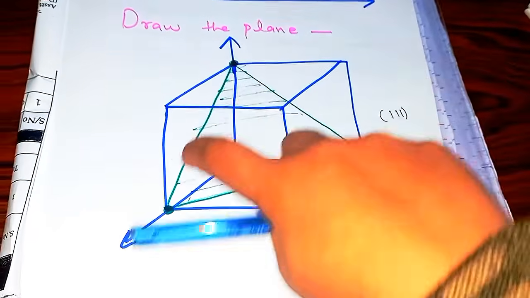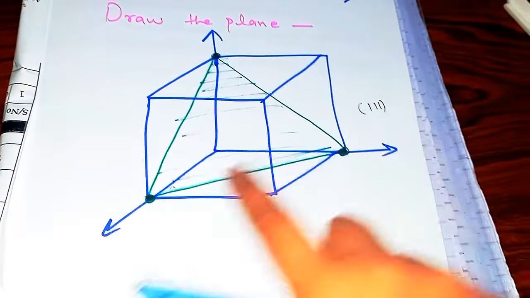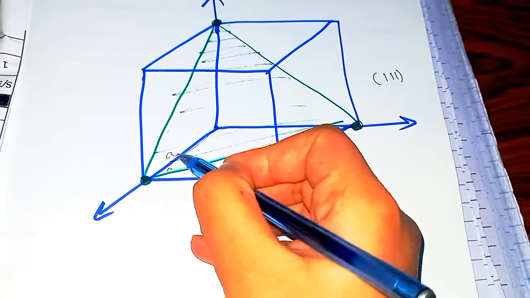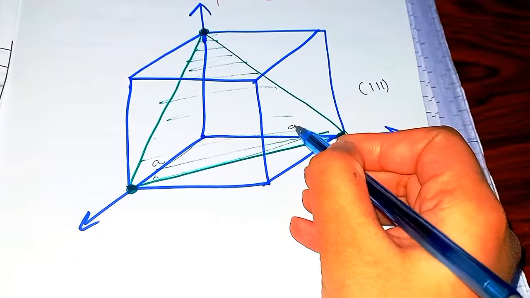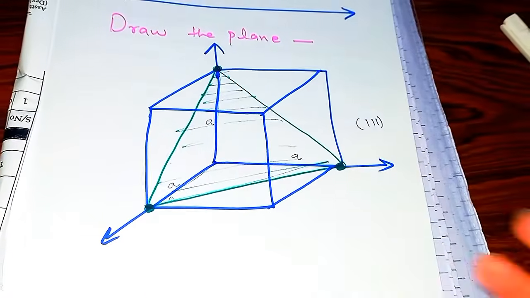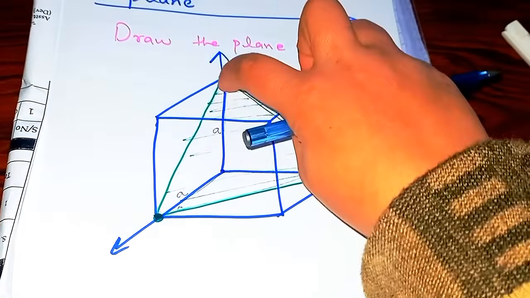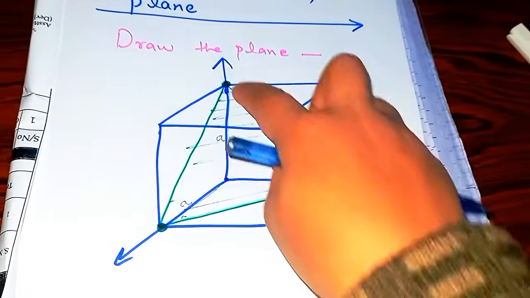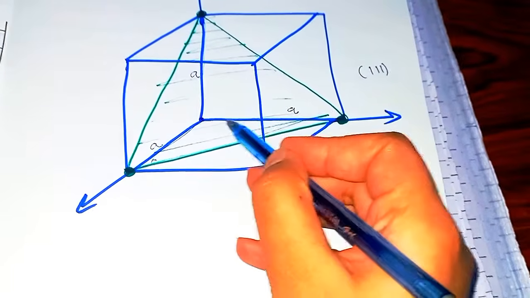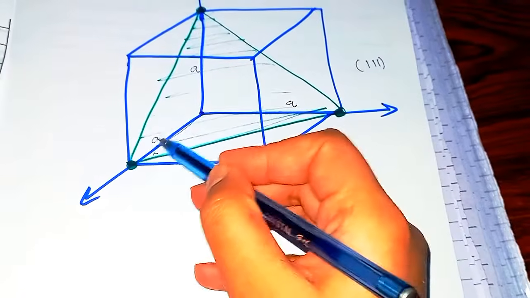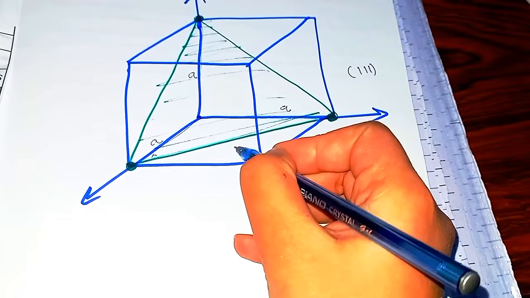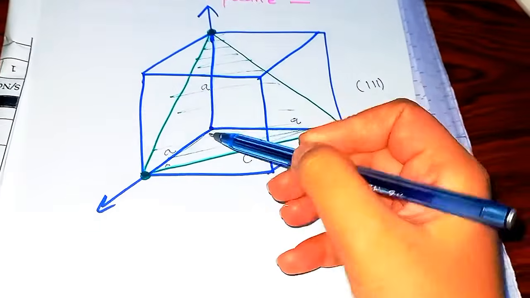This is equal to this length and this length, and we can even confirm it. We know that this lattice parameter is a, and this lattice parameter along y is a, and this length is also a. Using the Pythagoras theorem we can find out the length of this hypotenuse. It has base a, perpendicular a, and let's say the hypotenuse length is c, and the same case here.